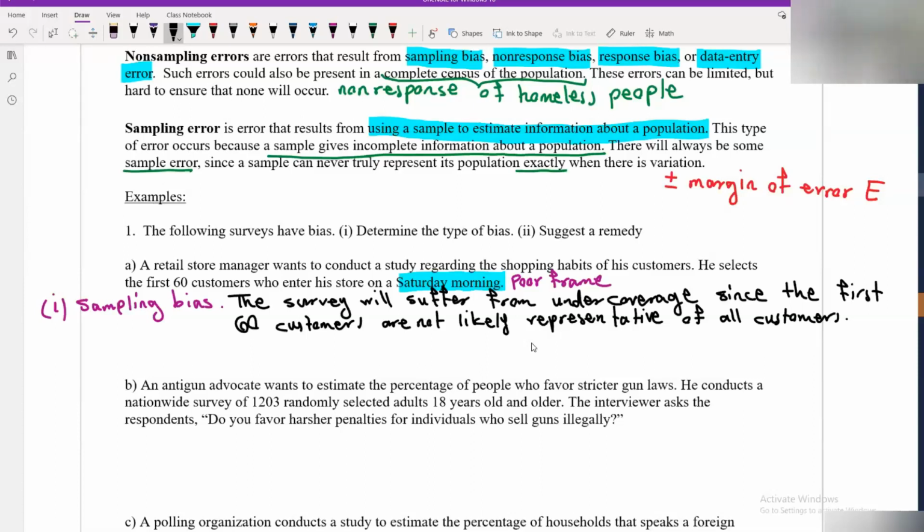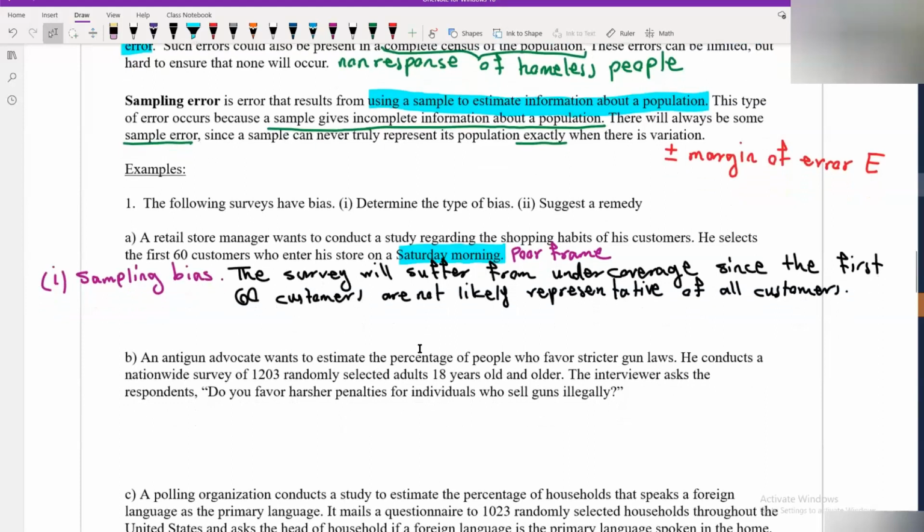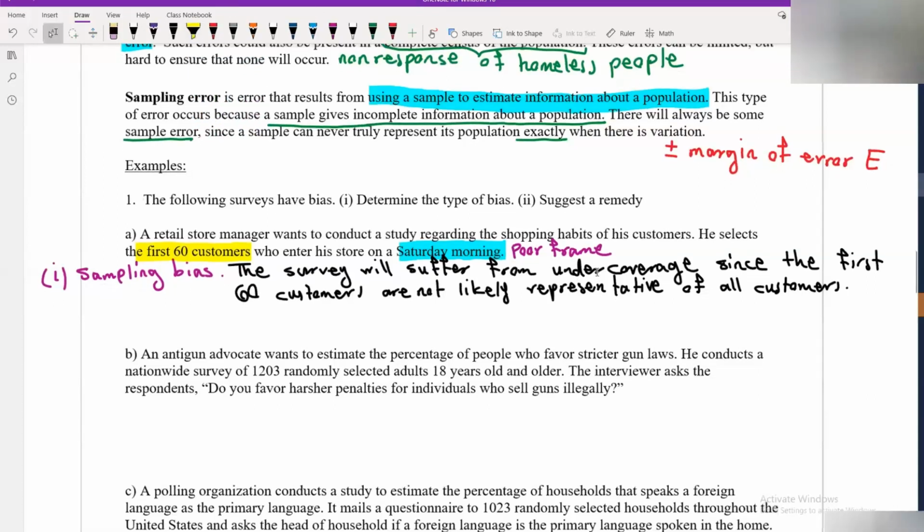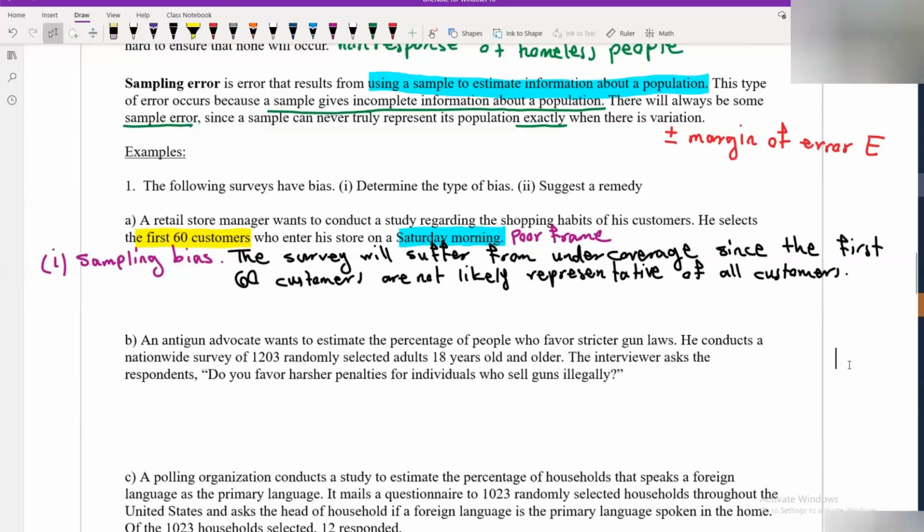So here on this part A, we had the first 60 customers entering that store. That is not a good idea to base our conclusion on only these individuals. Also, we see that it is focusing on Saturday morning as the population.